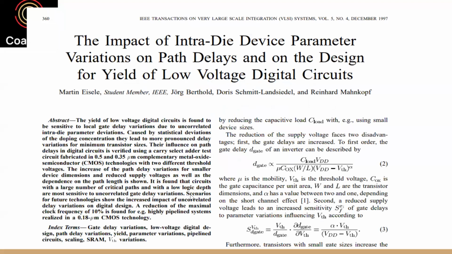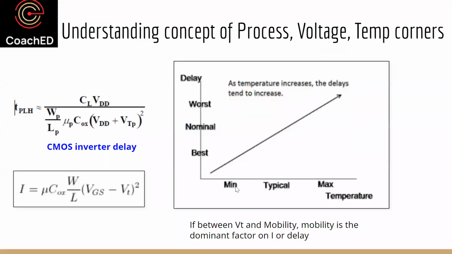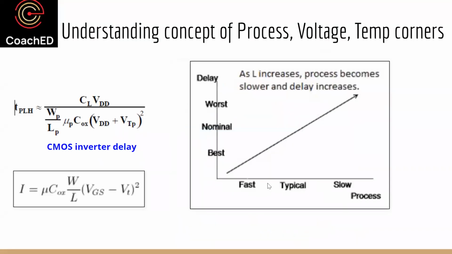Sri Lakshmi asks, number of sims depends on what? The number of sims depends on how many combinations of process, voltage and temperature you want to run at. Let's say there are 3 process points, as we saw here: fast, slow, and typical. Let's say there are 3 voltage points: low, medium, and high voltage.